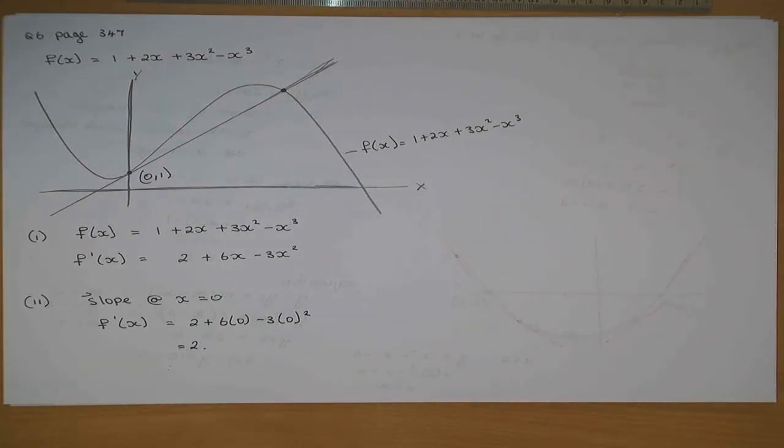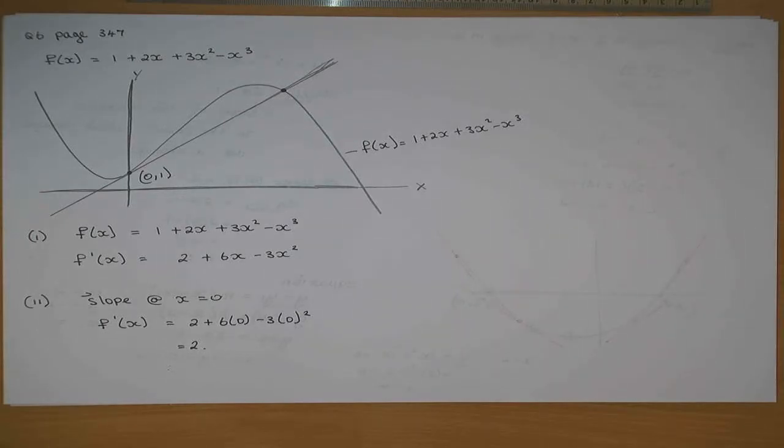So on the graph, you use straight away positive. So that's the slope at the point 0.